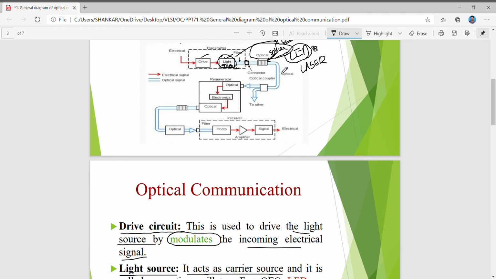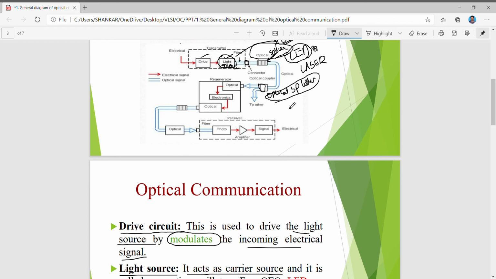Then the optical signal is transmitted and connected to the block represented as the optical splitter. What is the optical splitter?